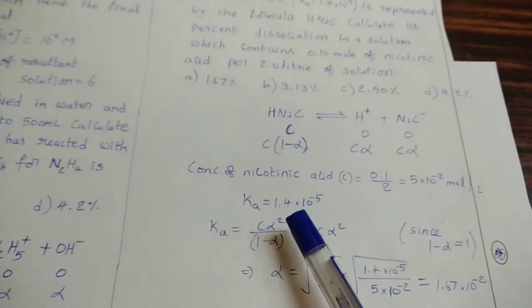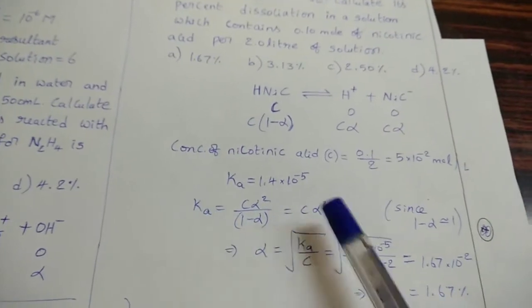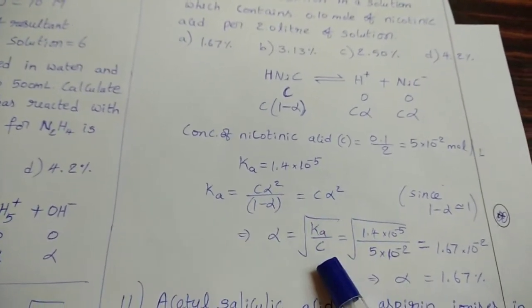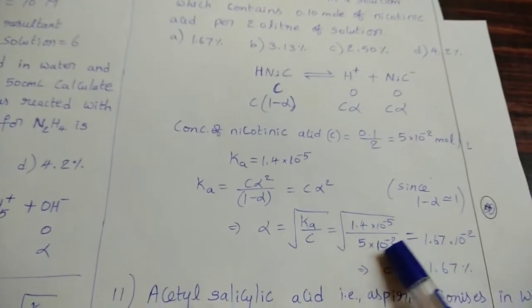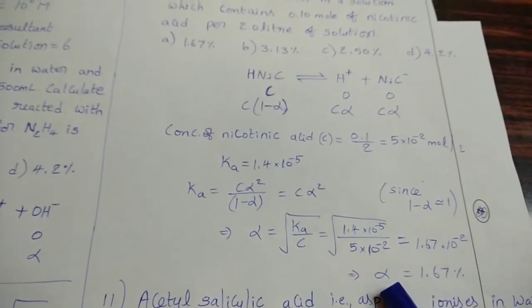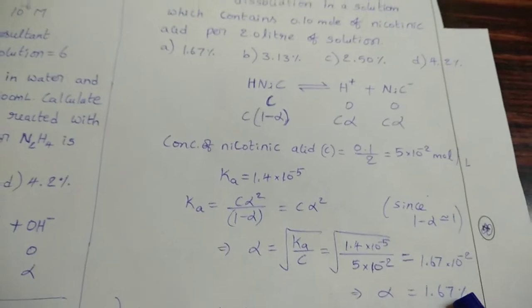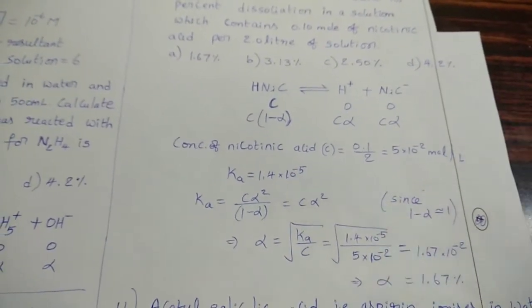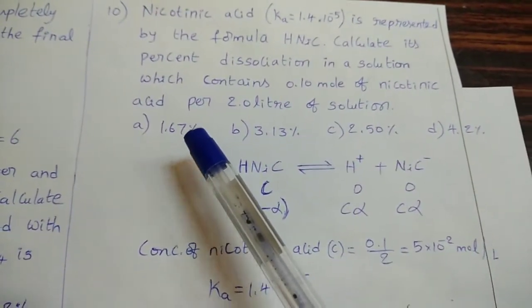So Ka value is given. Ka equal to C alpha square. Alpha equal to square root of Ka by C. Substitute Ka value, C value, then we can get this one. Alpha equal to 1.67%. So understand carefully, then you can do without mistakes. So what is the option? Option A is the answer.